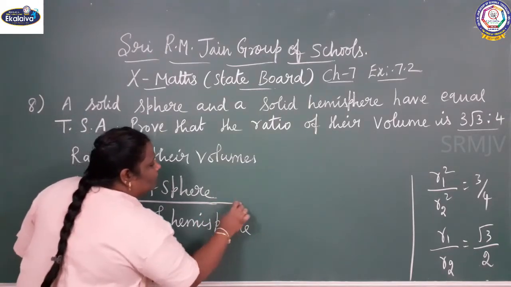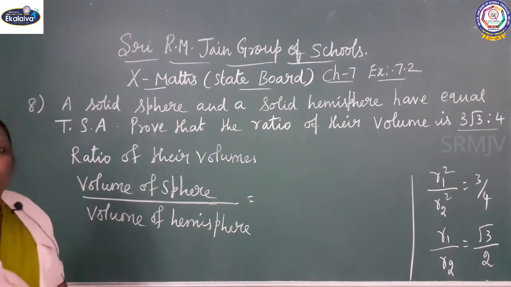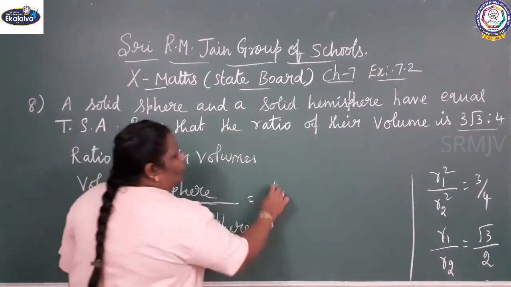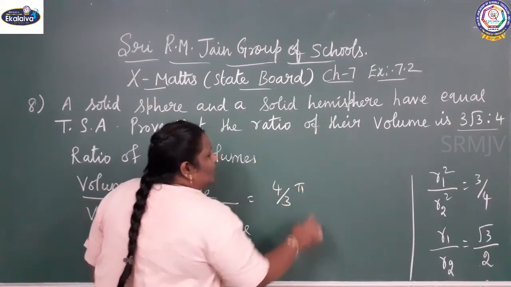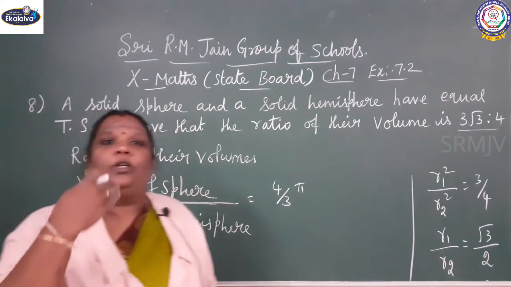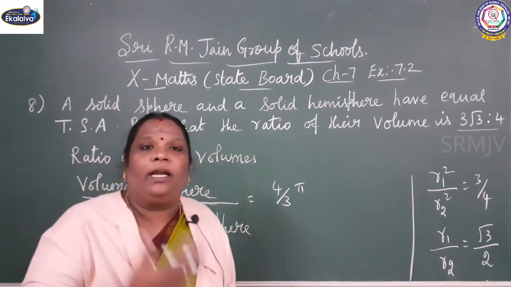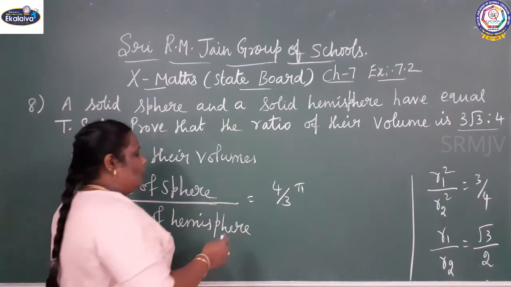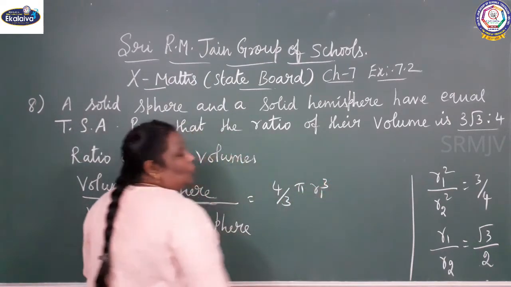What is volume of sphere? 4 by 3 pi r cube. That radius you can take as R1, we already kept that radius as R1. So 4 by 3 pi R1 cube.